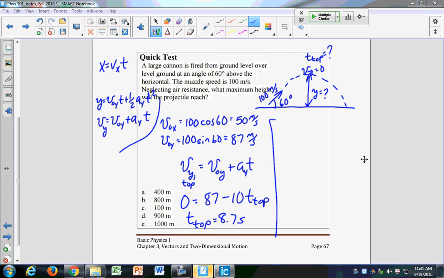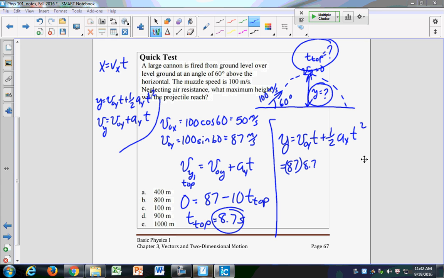Now, step number 2 is I find the y position. And so I say V0y times t plus 1/2 ay t squared. I'm using the t top, which is this 8.7 seconds. So I say 87 times 8.7 minus 5.